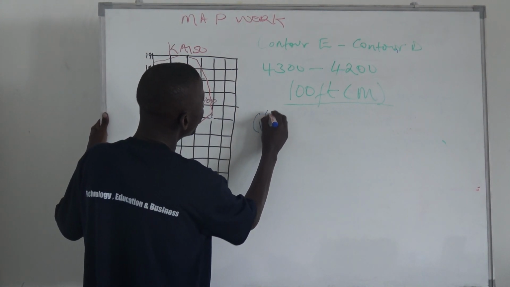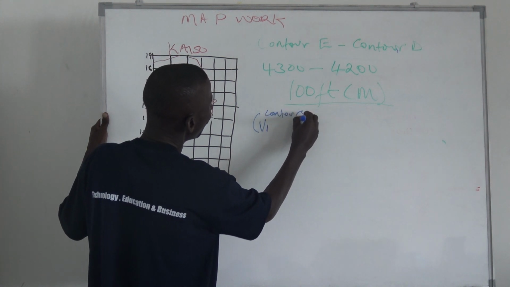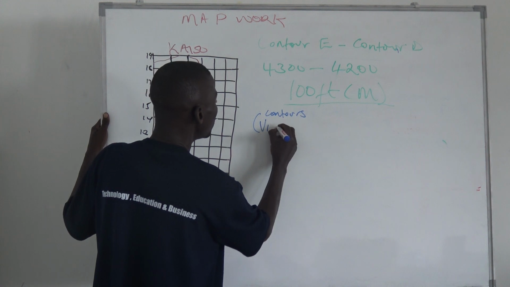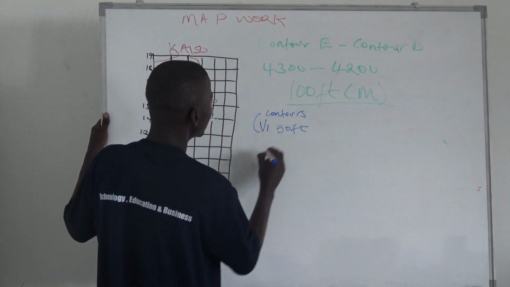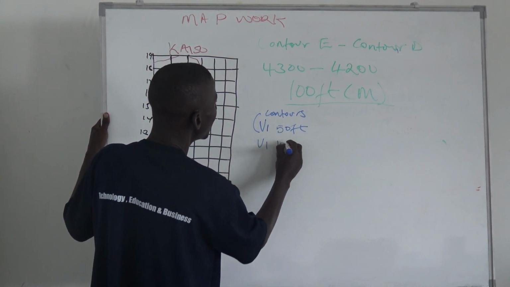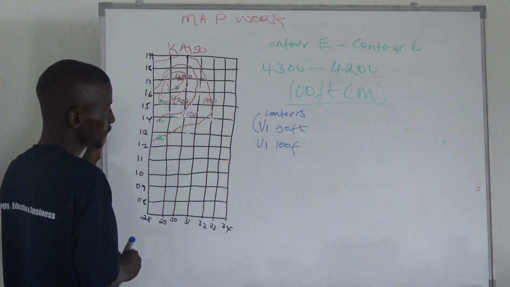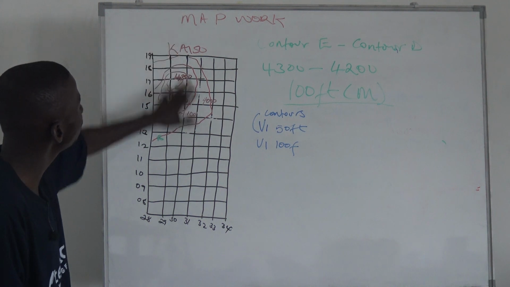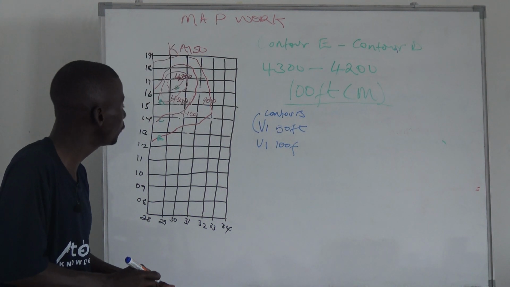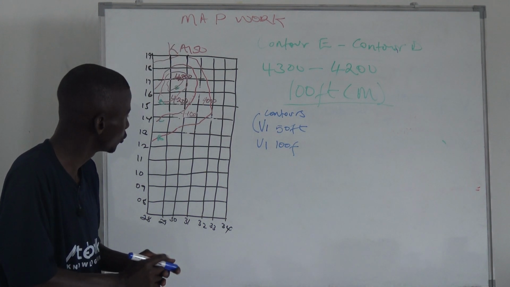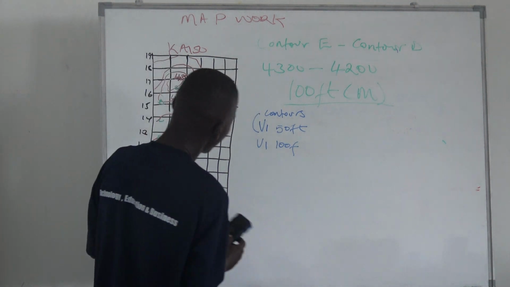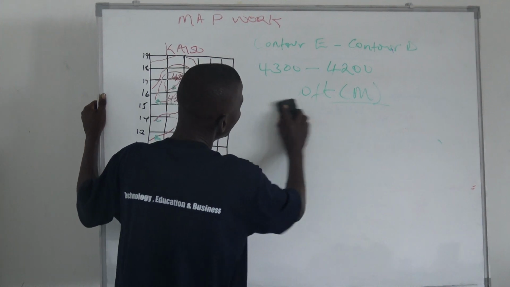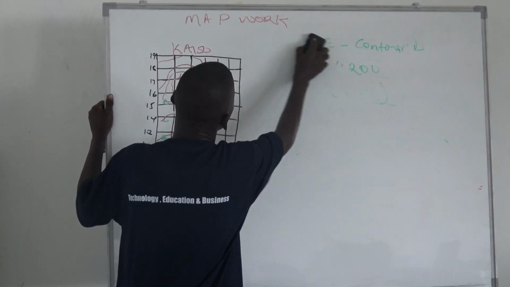There is a word contours, then VI, either 50 feet or VI 100 feet. How did they get it? They got it by subtracting different successive contours to get that answer. So that was about vertical interval. Let us look at something else.